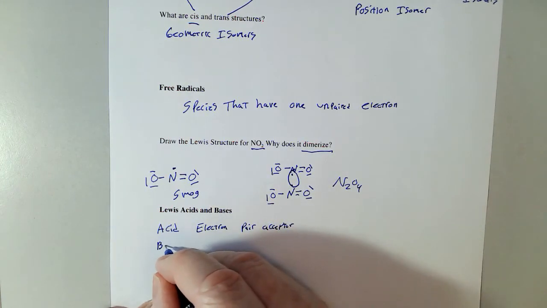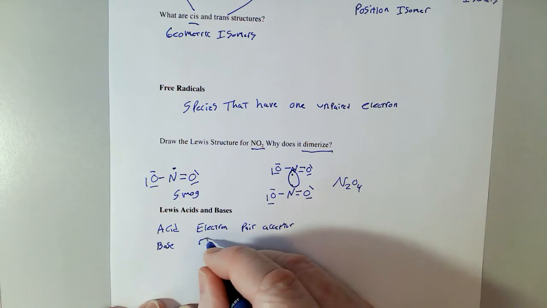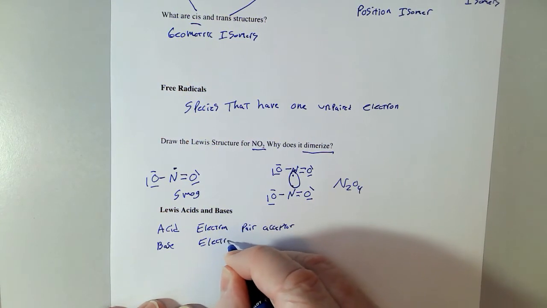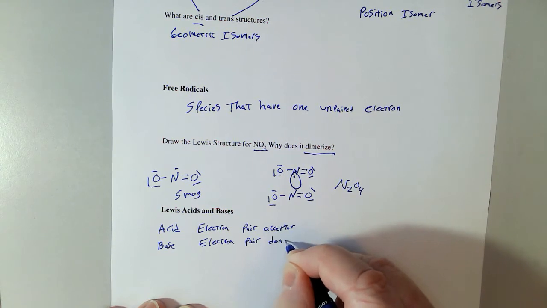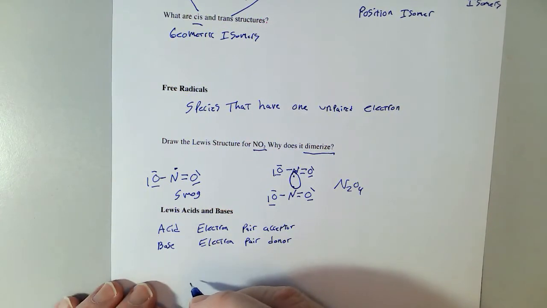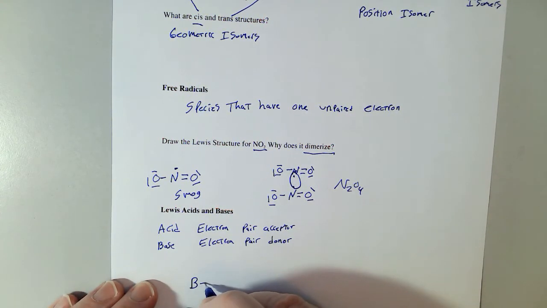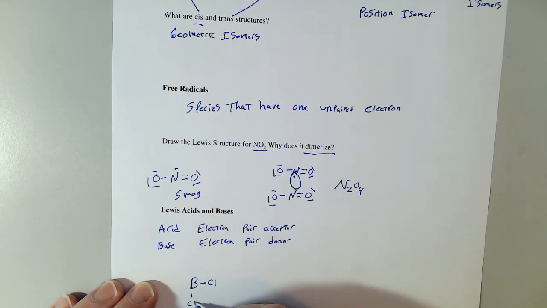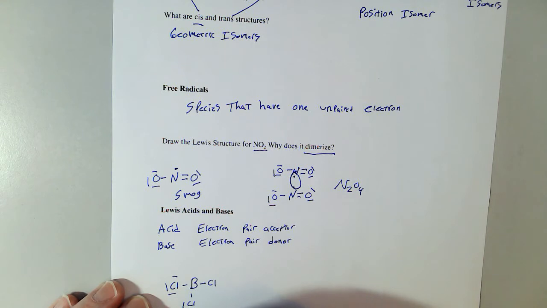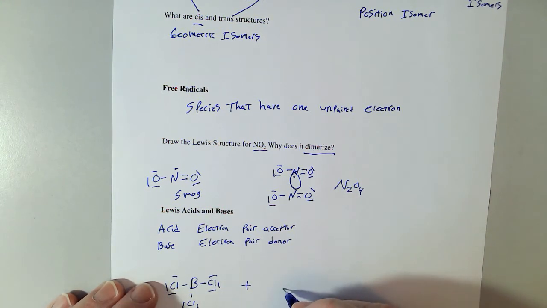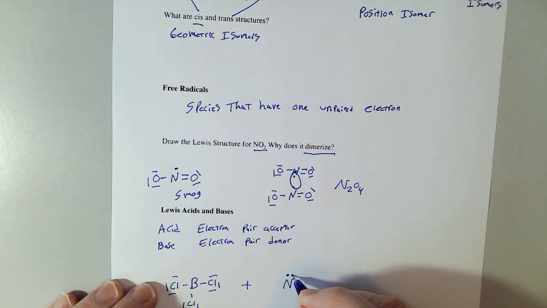And a base would be an electron pair donor. So let's see how that works. I love the reaction of BCl3, boron trichloride. We'll do the lone pairs as line structure. And ammonia. Now we know ammonia is a base.